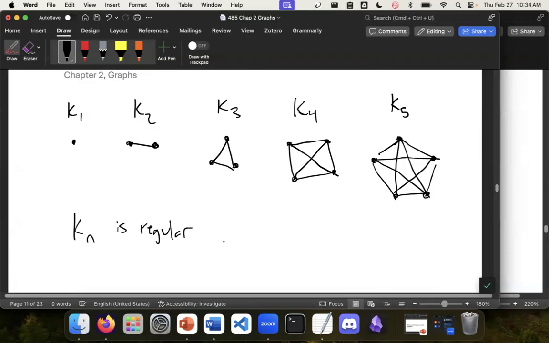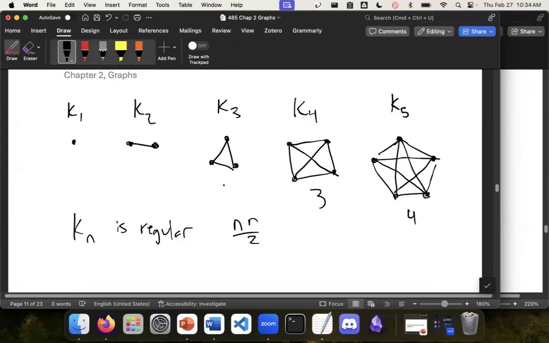We can use our theorem where it says n times r over 2. So we know n, we're given n. What's r for a complete graph on n vertices? So first of all, this is 4 regular. What's r for K4? 3. 1, 2, 3.